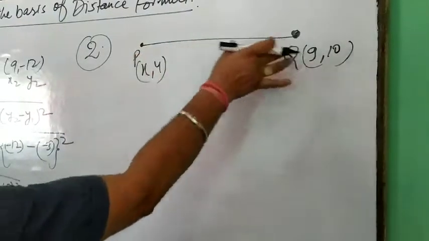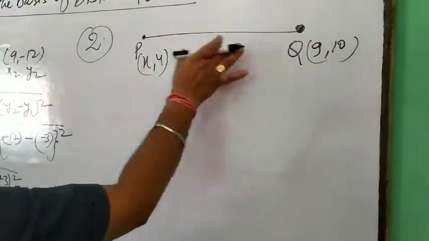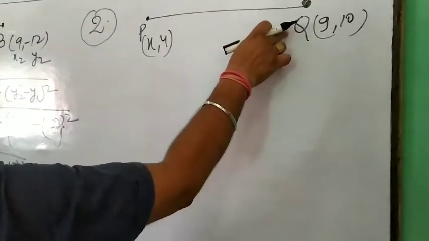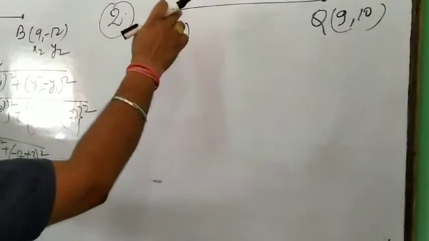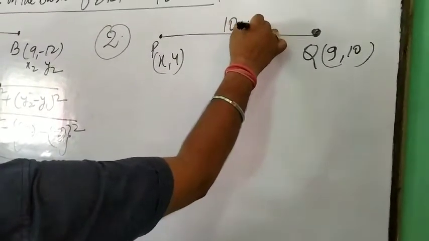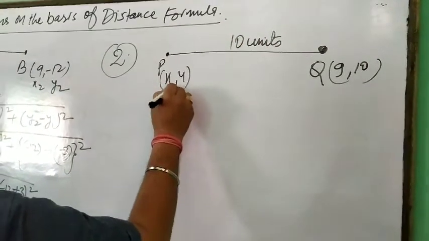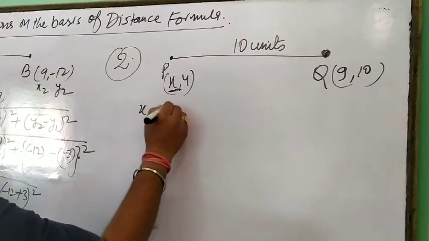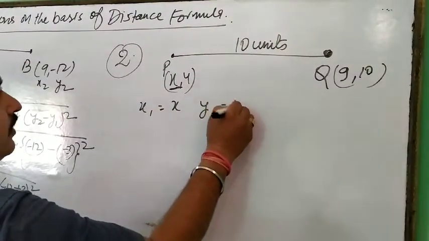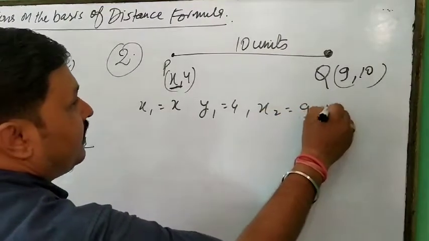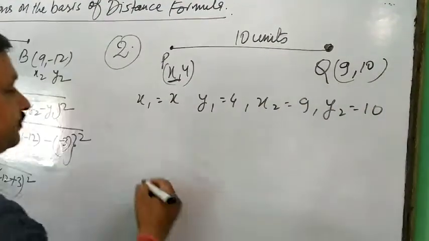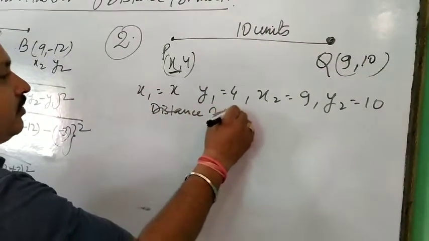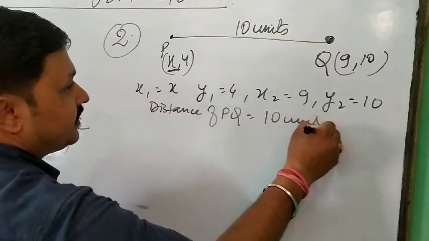And the distance between P and Q is 10 units. So you find the value of x. So here x1 equals x, y1 equals 4, x2 equals 9, y2 equals 10. Distance PQ equals 10 units.